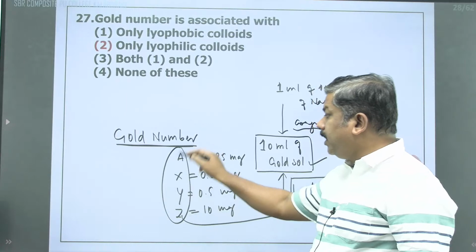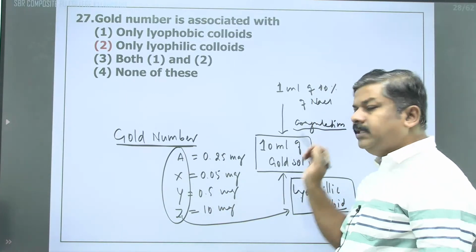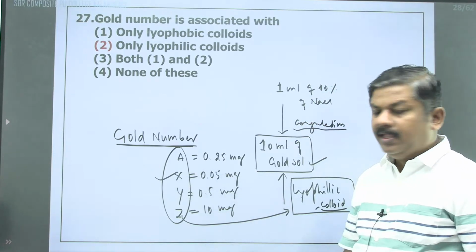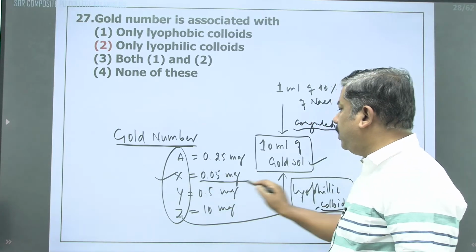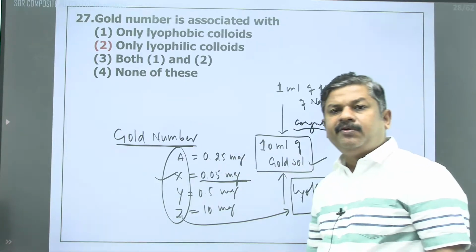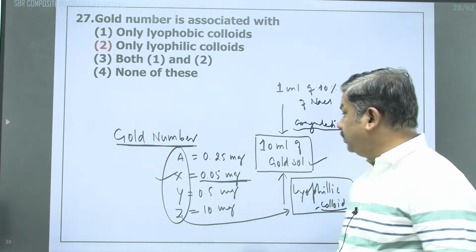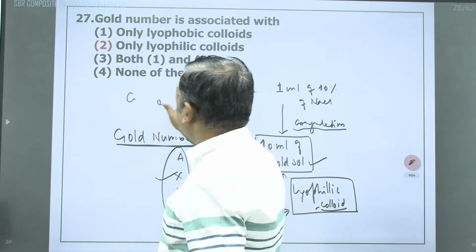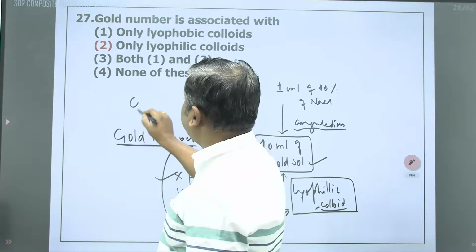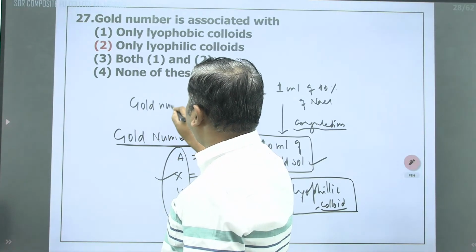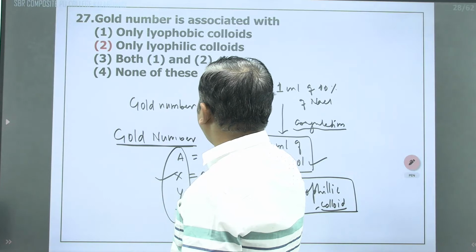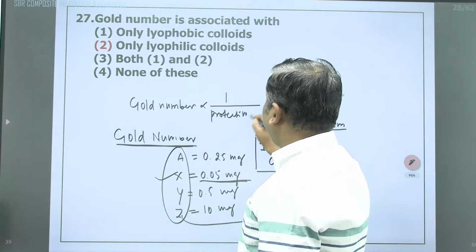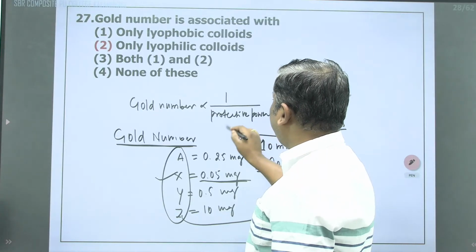Which is the best protective colloid or lyophilic colloid to prevent the coagulation of gold sol? It is the substance X. X is called the best protective colloid because it requires just 0.05 milligram to prevent the coagulation of 10 ml of gold sol. So the concept of gold number is inversely related to the protective power of lyophilic colloids.